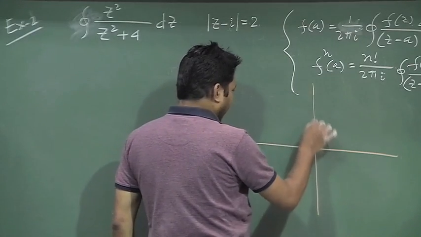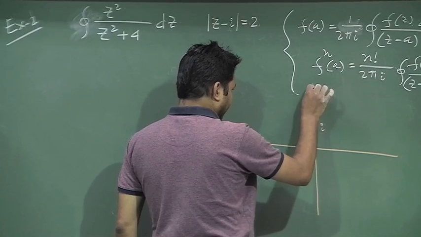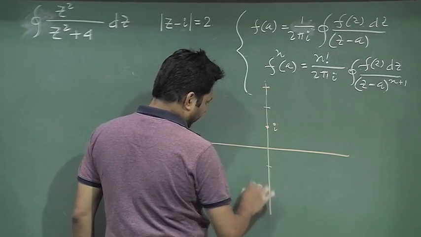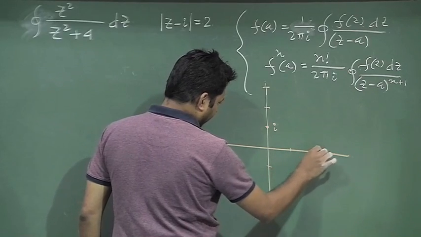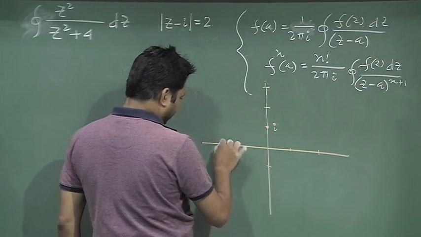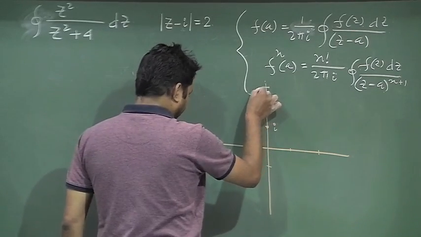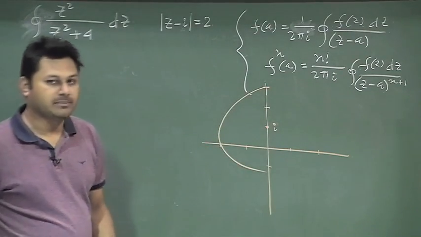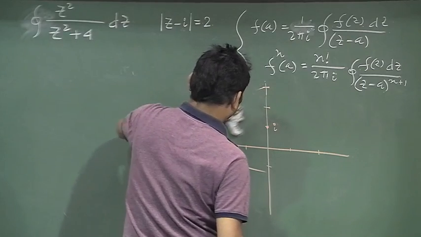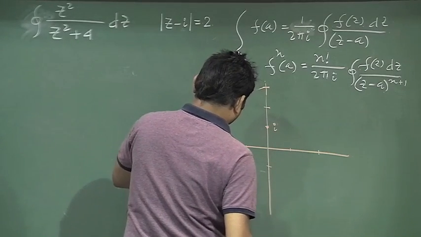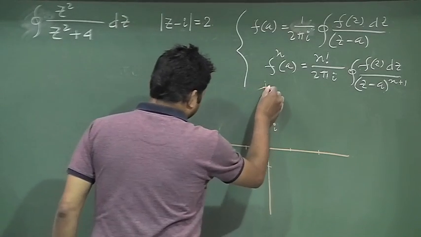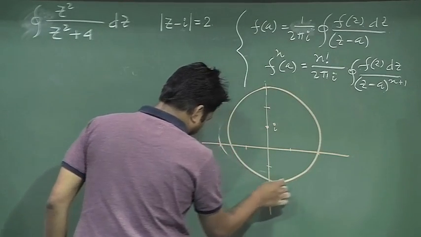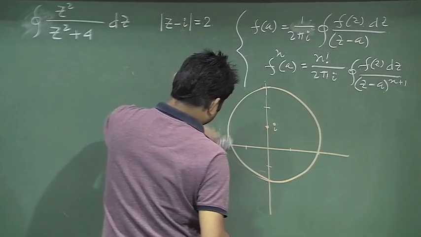So, this is 1 unit, this is 2 units, and so on in each direction. My circle will be something like this. It looks like a very bad looking circle, but something like this.